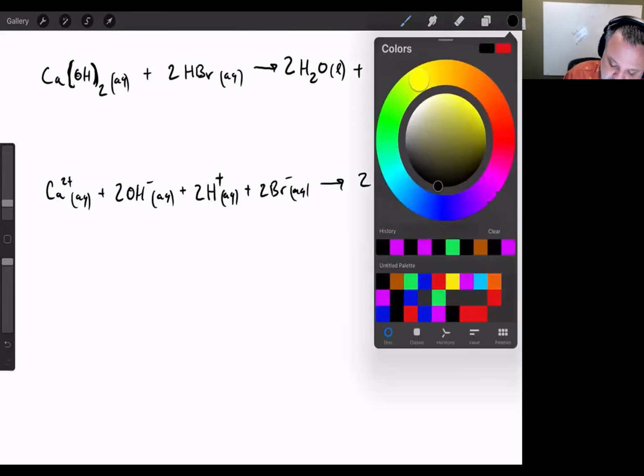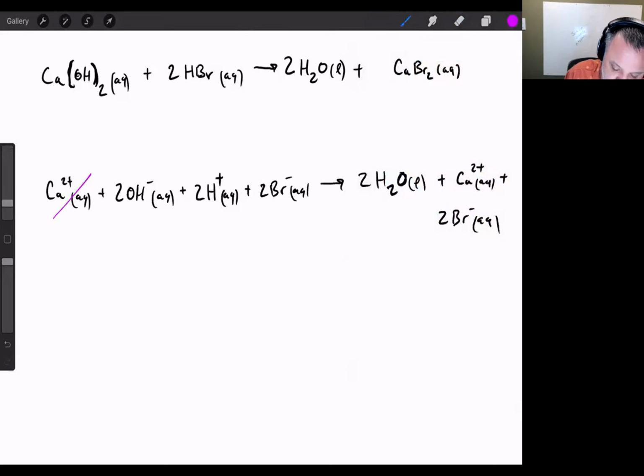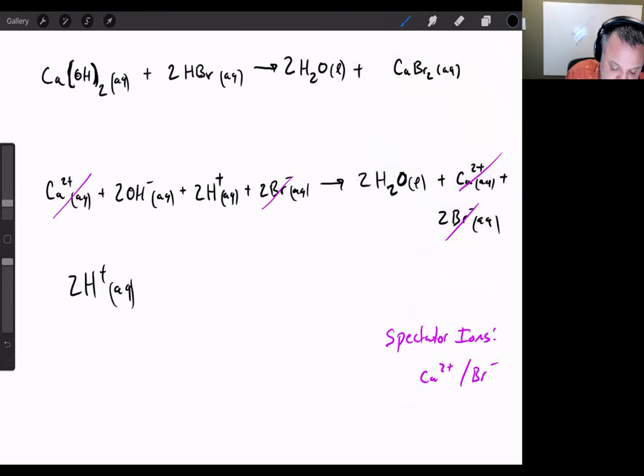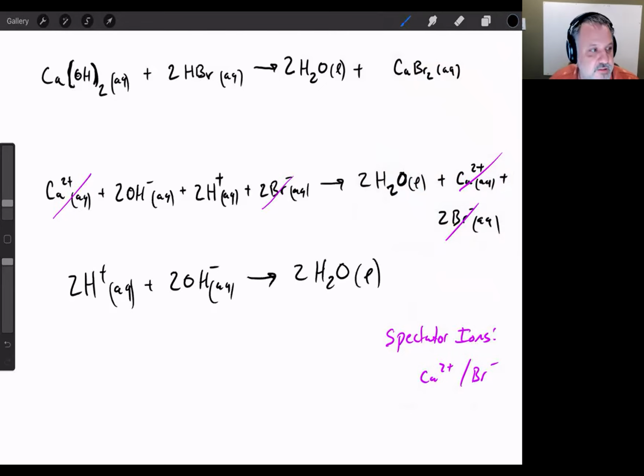Now the net equation. Let's find out what the spectator ions are. It looks like calcium and bromide are spectators. Calcium ion and bromide ion, they're the ones that appear the same on both sides of the equation. So let's write down what's left. 2 hydrogen ions plus 2 hydroxide ions, both in the aqueous phase, come together to form 2 water molecules in the liquid phase.